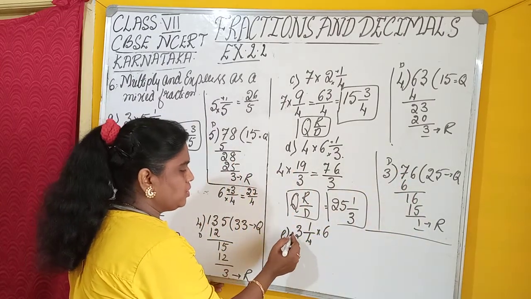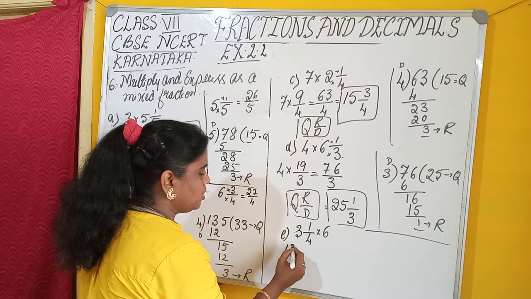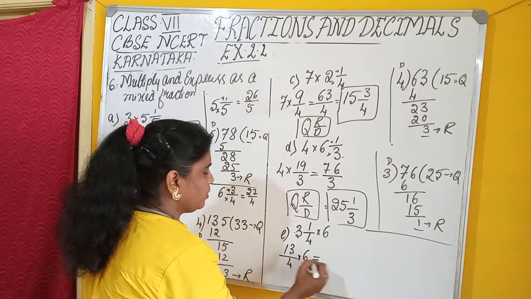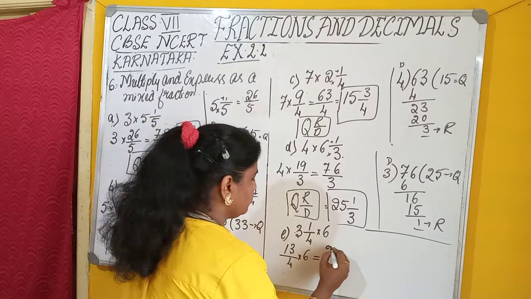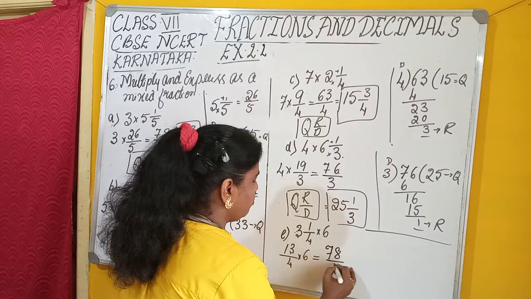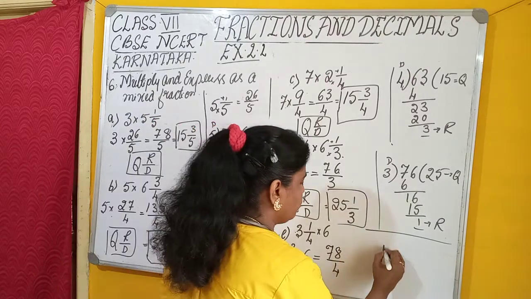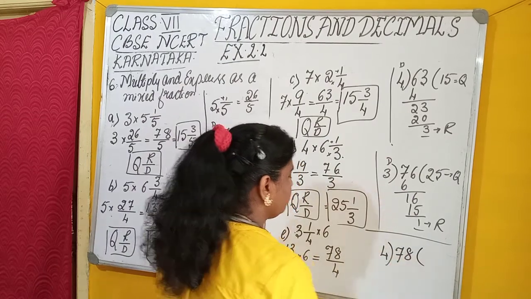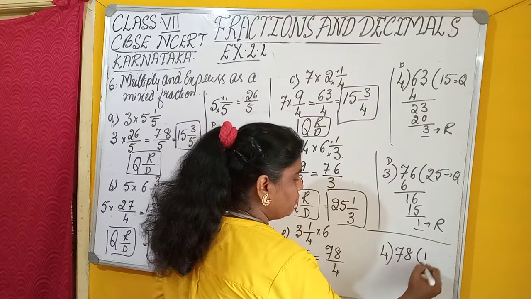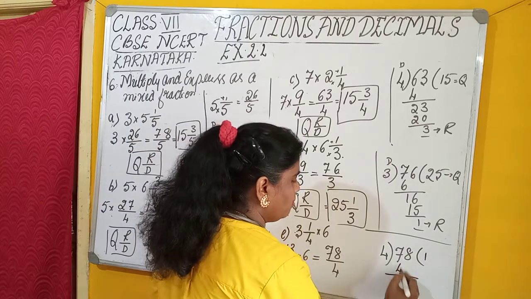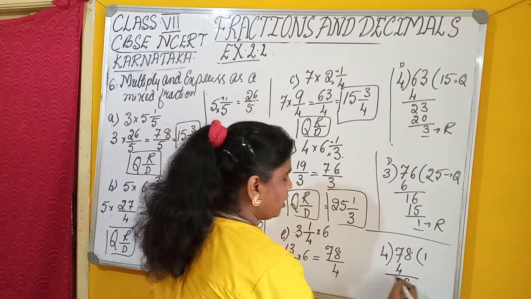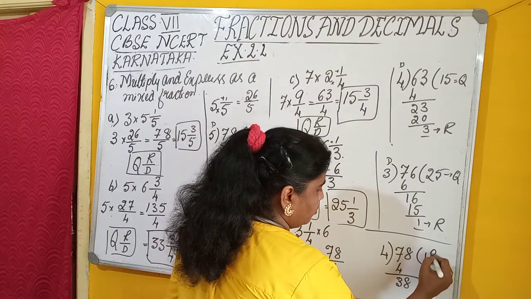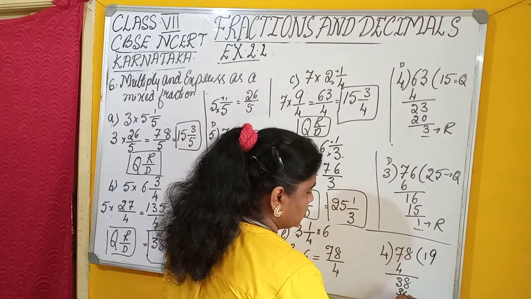Now 4 threes are 12. 12 plus 1 is 13 by 4 into 6. 13 sixes are 78 by 4. 78 divided by 4. 4 ones are 4, 38. 4 nines are 36.